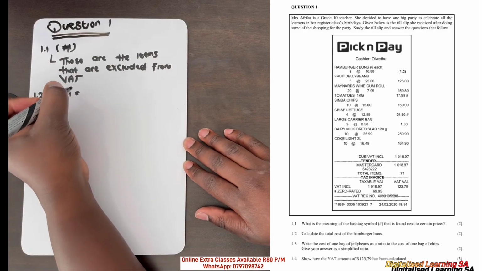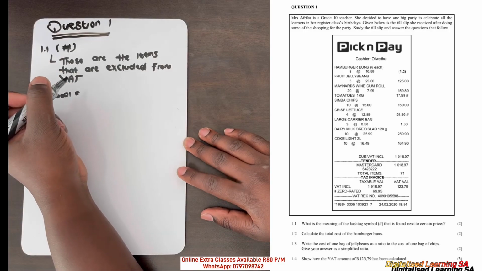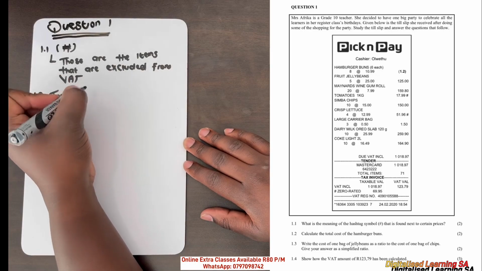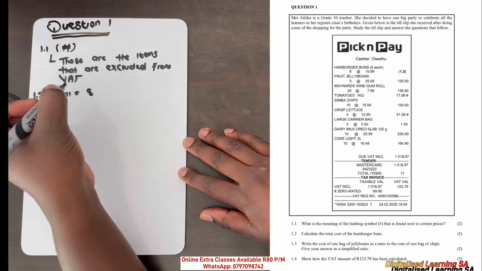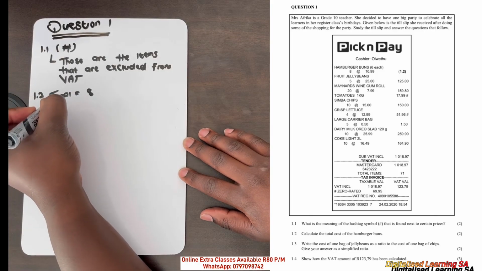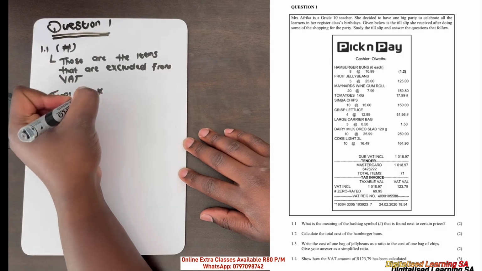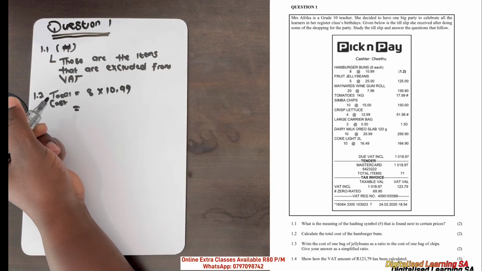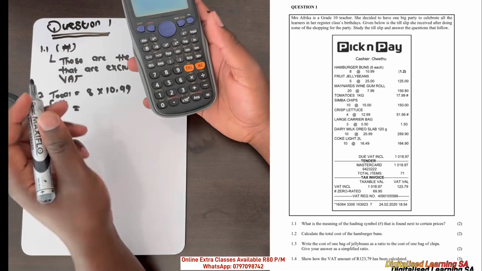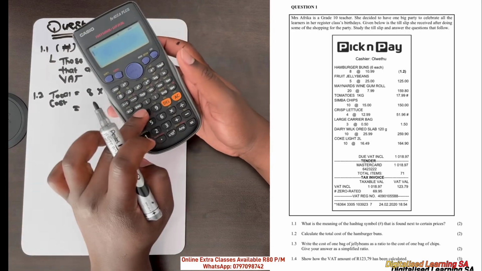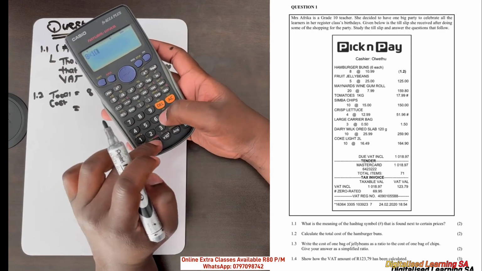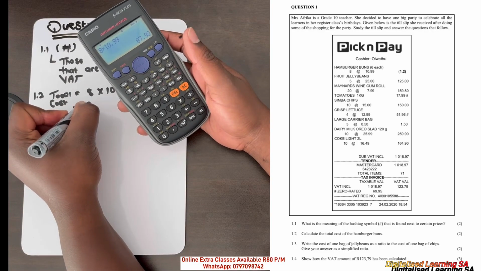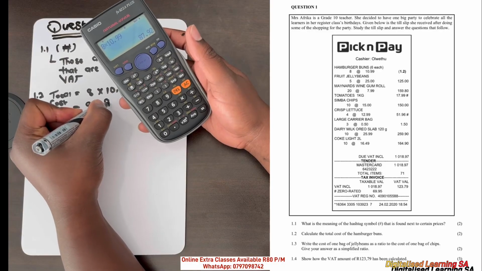To calculate the total cost, we just take 8 and multiply by 10.99, which in total would be 87.92.